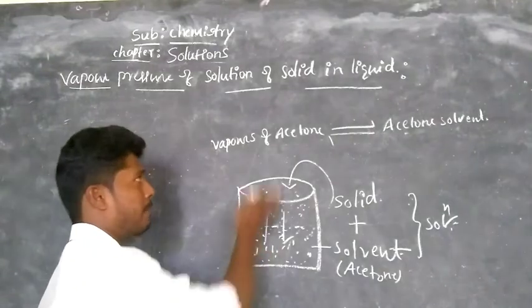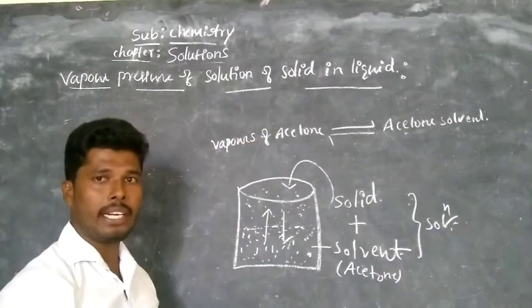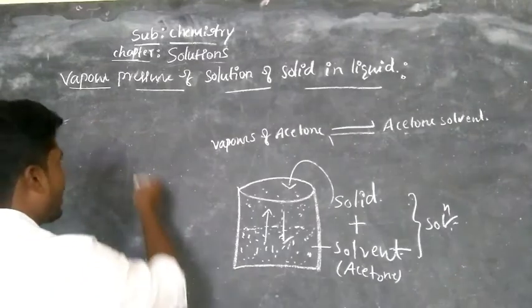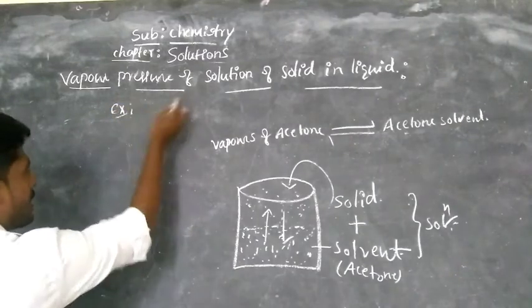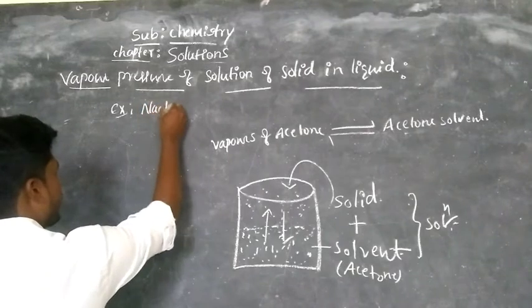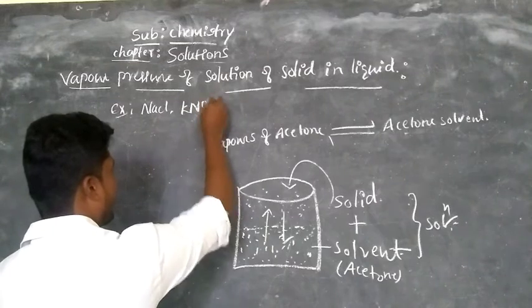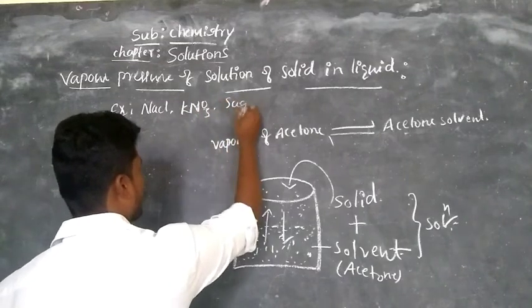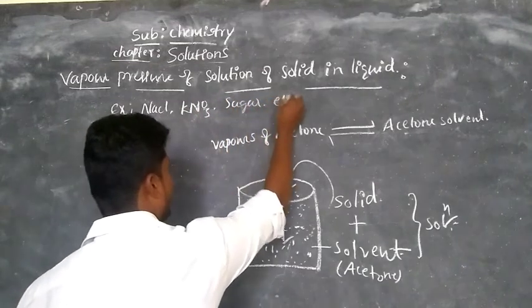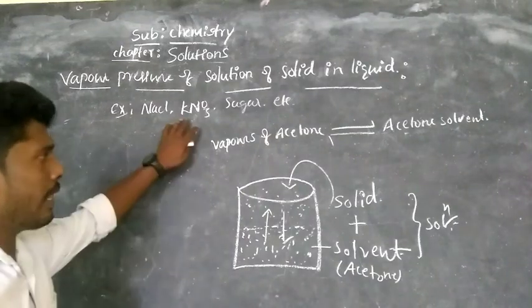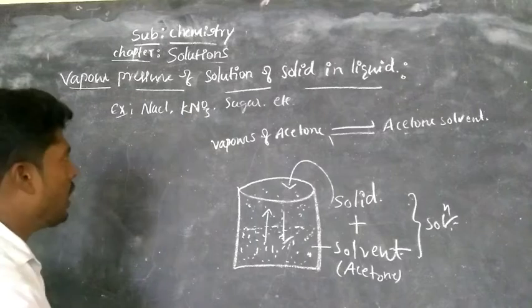Okay, that we explain in the case of solid in liquid. For example, take solids like sodium chloride, or take potassium nitrate, or take sugar, etc., or take iodine, etc. These components we call solute.